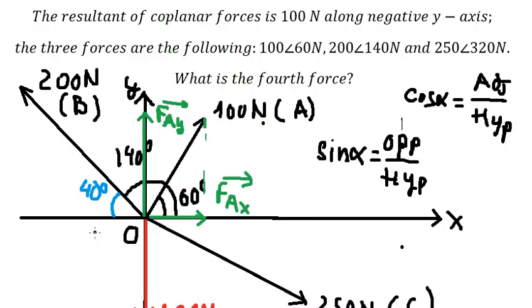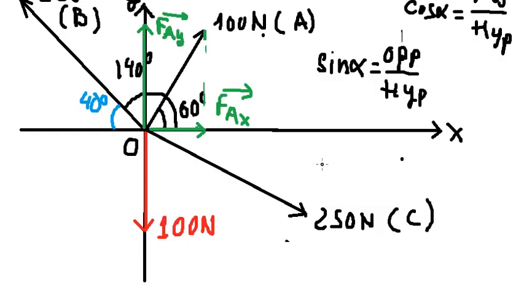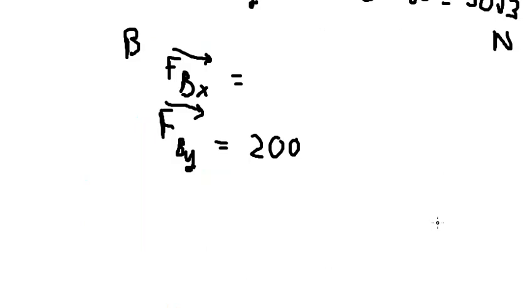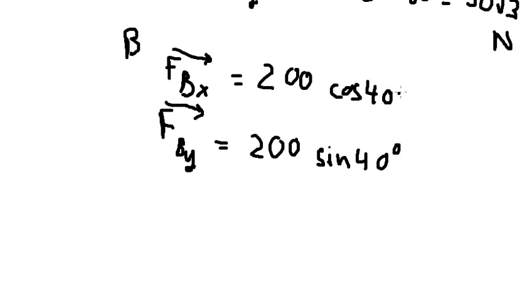So we can use about FBY, we use sine. So we have 200 newtons multiplied by sine of 40 degrees. And this one, 200 newtons cosine of 40 degrees.